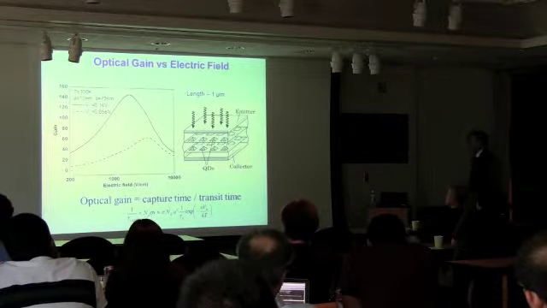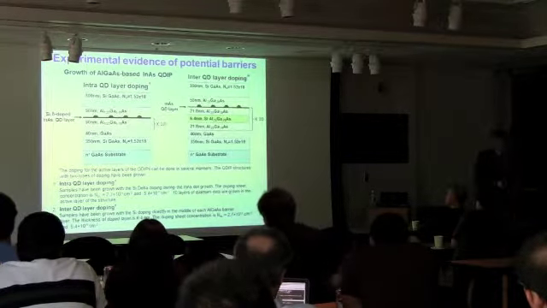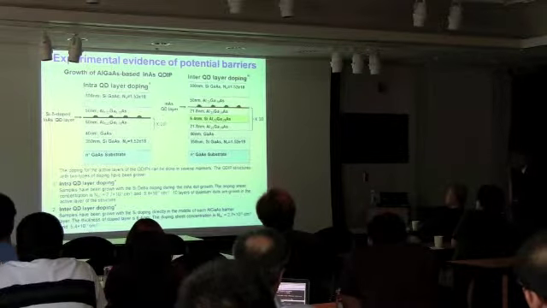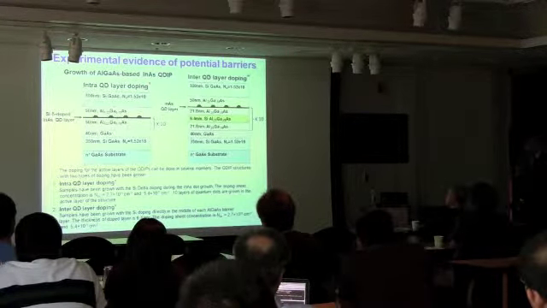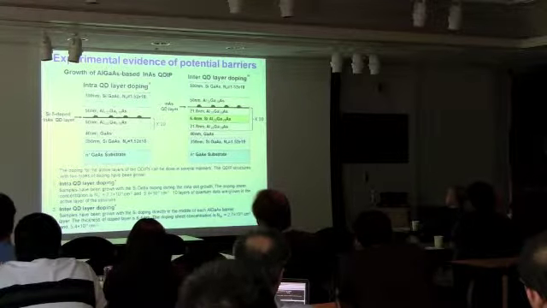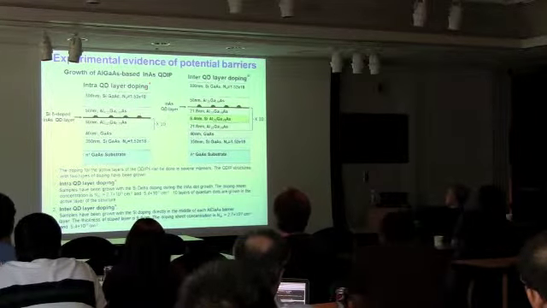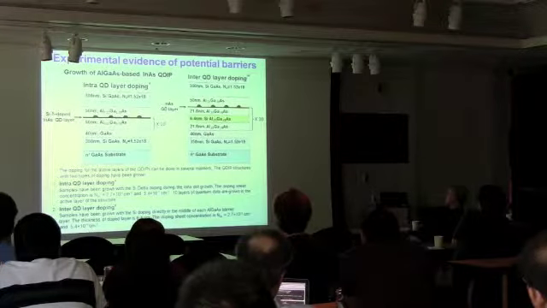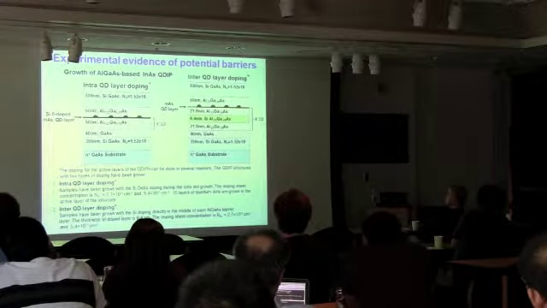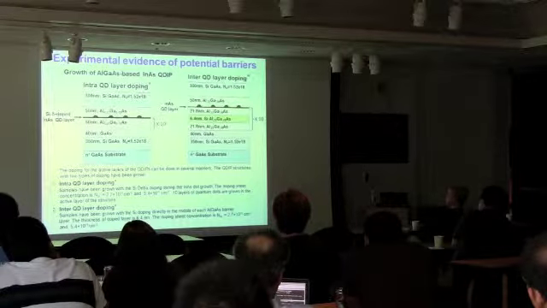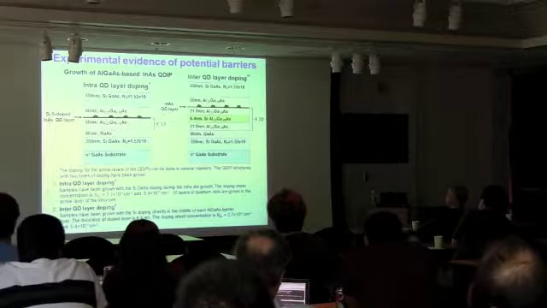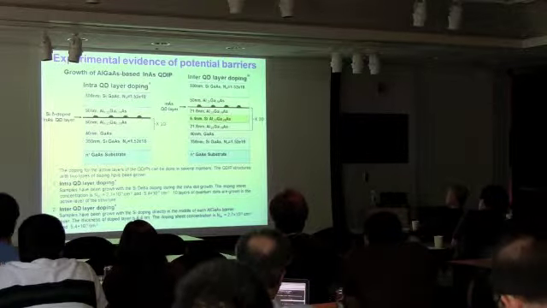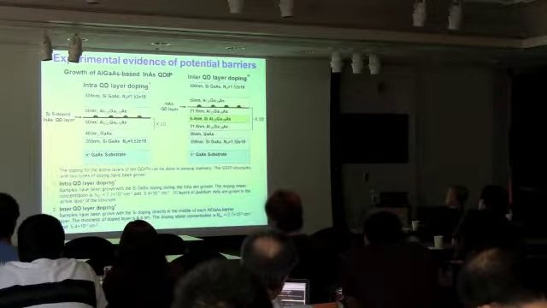And to demonstrate that these models are correct, we grew material with different doping, and not only different doping, but different placement of the doping. Because what we can do, we can place dopant at the time when we grow quantum dots, and we can place dopant at the time when we grow the barrier between the dots.